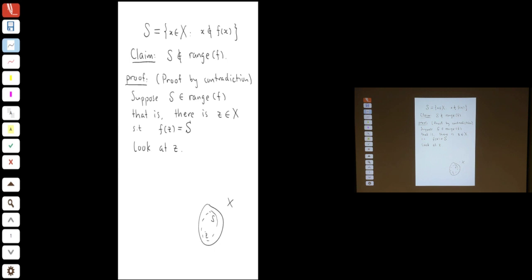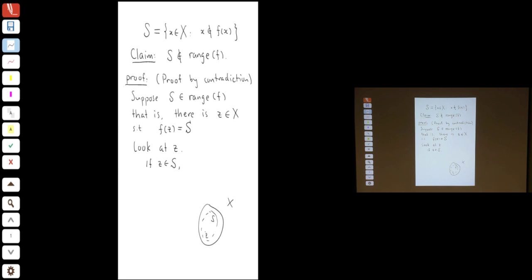So now I zoom into X. Inside X, I have a dot z. I also have a region, capital S. I want to see whether z is in S or z is not in S. There are only two possibilities, either it's in or not. So if z is in S, what does it mean?